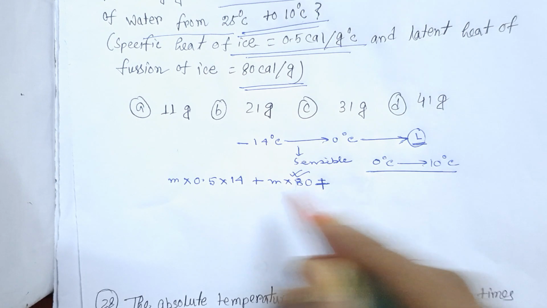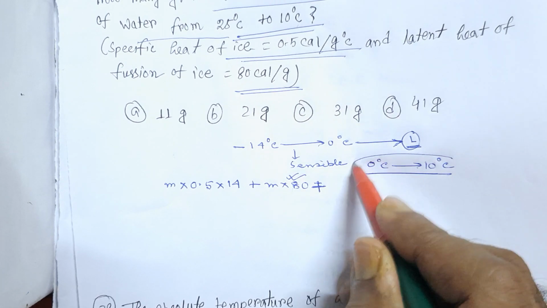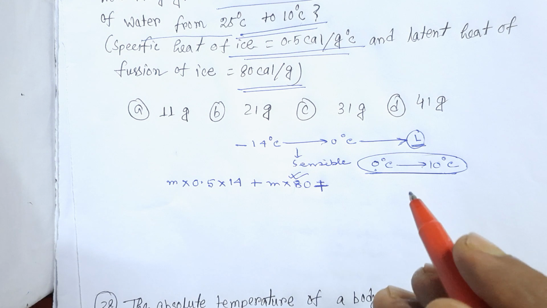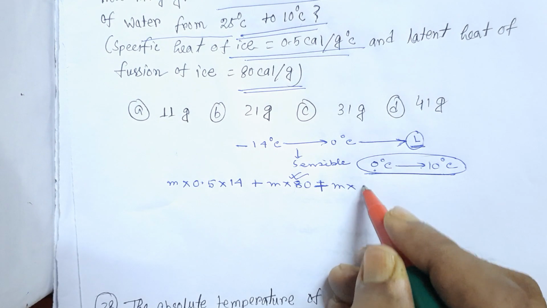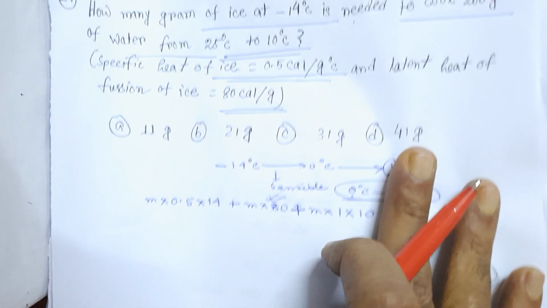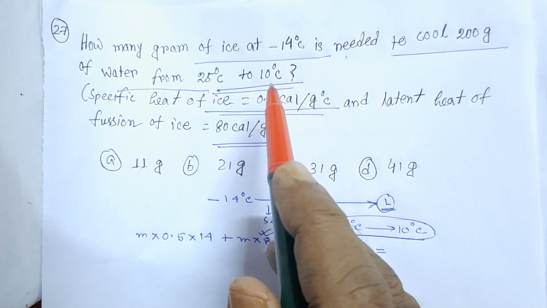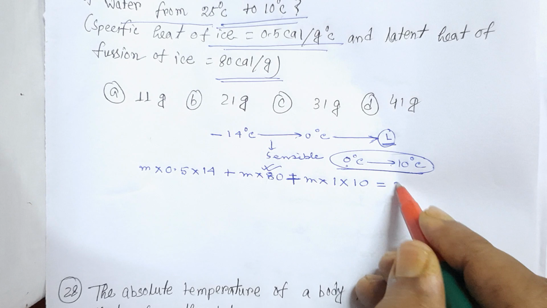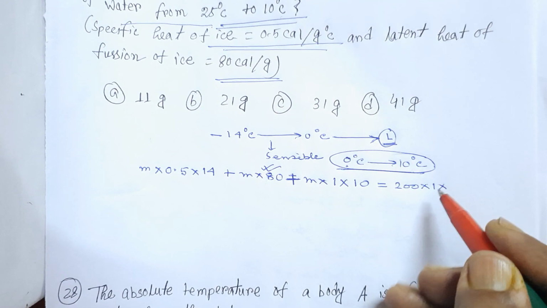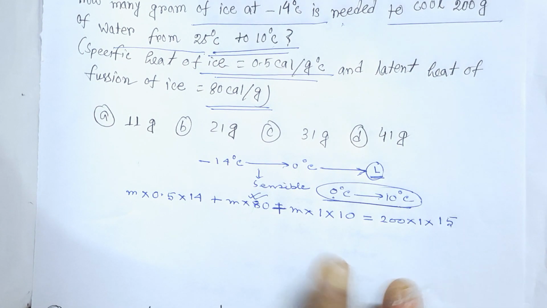So this m gram of water coming from that melted ice will convert to water of 10 degrees centigrade. It will take sensible heat, and the amount of sensible heat is m into specific heat of water, which is 1, into 10, equals the heat needed to cool 200 gram of water from 25 degrees centigrade to 10 degrees centigrade. So heat energy released by water is 200 gram into specific heat 1 into temperature change from 25 degrees centigrade to 10 degrees centigrade, that is 15 degrees centigrade.